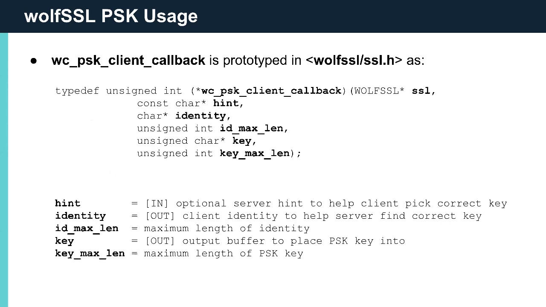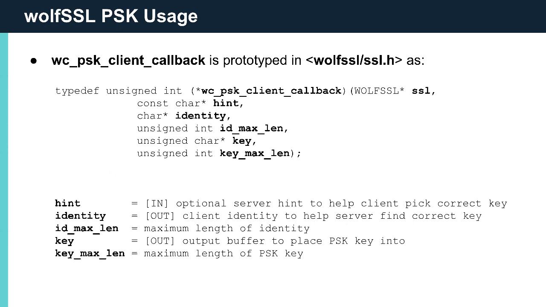Our callback, wc_psk_client_callback, is prototyped in ssl.h with the following signature. It takes in the pointer to your SSL object. These are the arguments you would be getting called into your callback. A hint, which is an input argument, is an optional hint for the server to help the server pick the correct key to use.